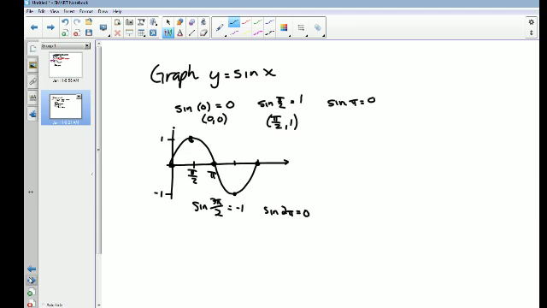If that's your parent function for sine, now can it keep going? Yeah, it just repeats. So, if I head out to 3 pi and 4 pi, do I complete another cycle? Yes, because every 2 pi I complete a cycle, so keep going.